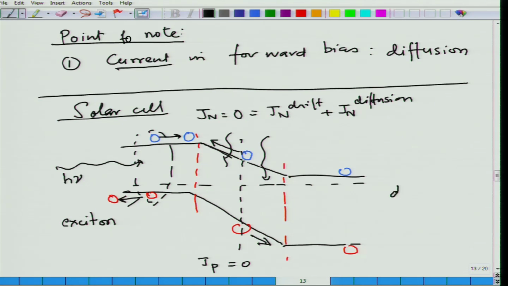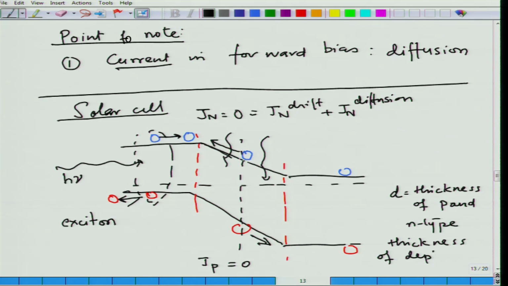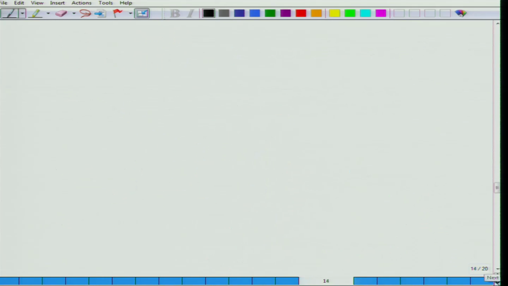So, thickness of the p type material is going to be important, thickness of the p and n type, and thickness of the depletion zone is also important. So, this would be important from the solar cell point of view.